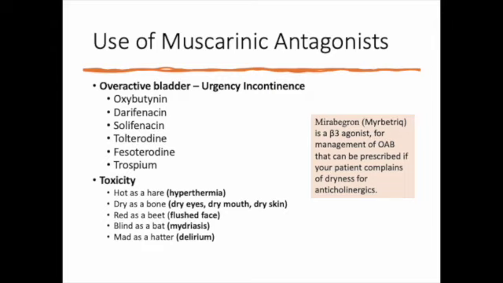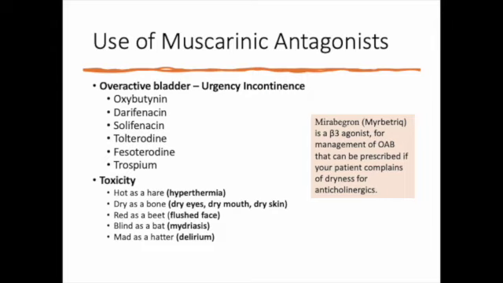Now, there's also antimuscarinic poisoning that you want to think about too. And these are sources that have to do with natural products that will cause this effect, like belladonna, which is one of the major ones that most providers will think about in terms of antimuscarinic poisoning.